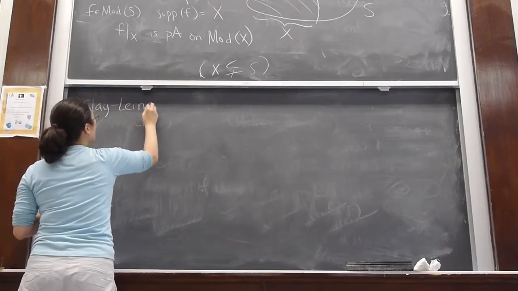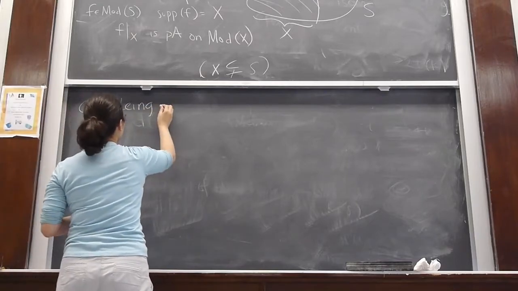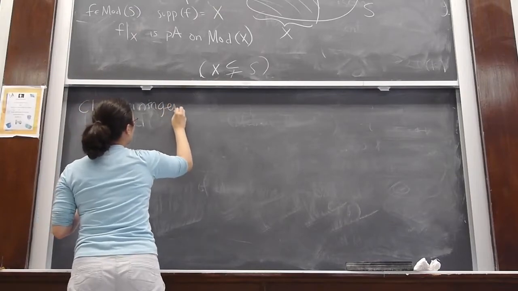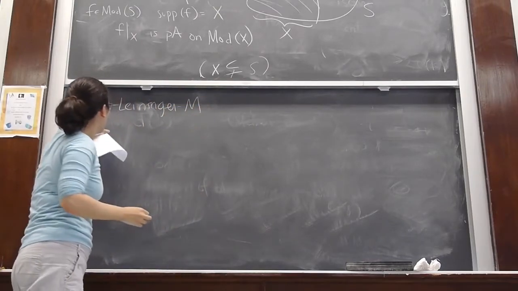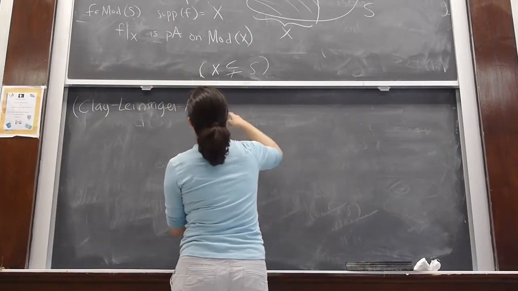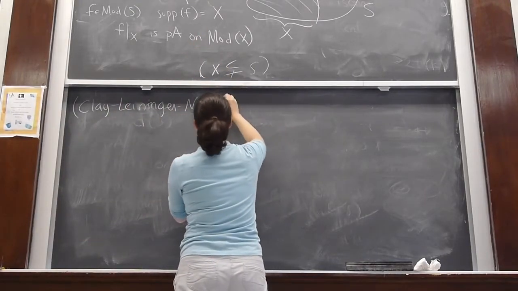So a specific source of these admissible embeddings is a theorem with Matt Clay and Chris Leininger, which is one of these ways of embedding.